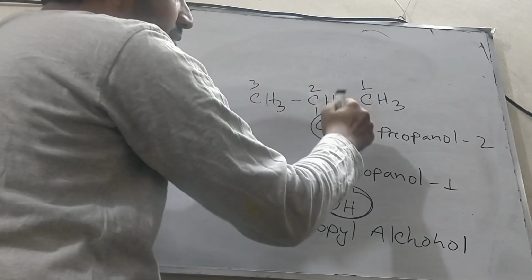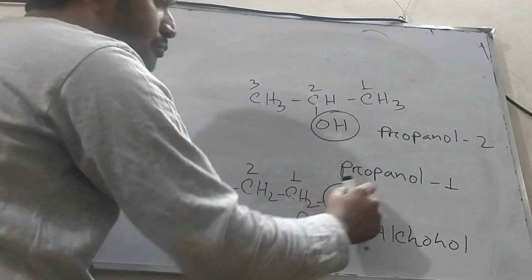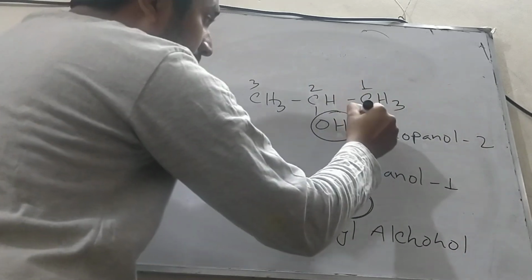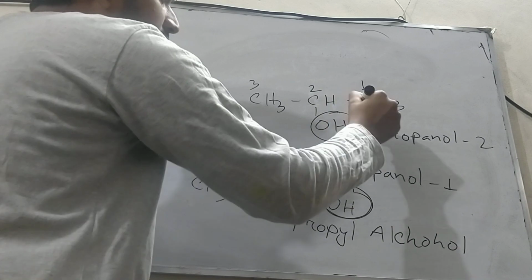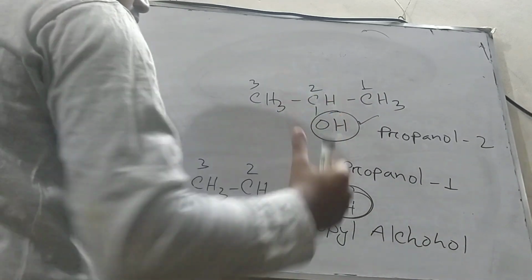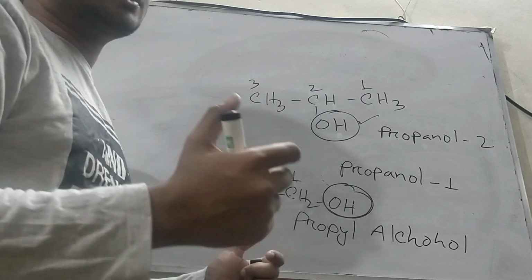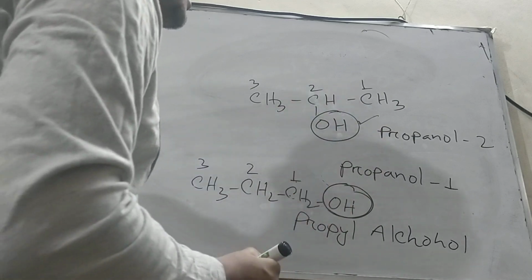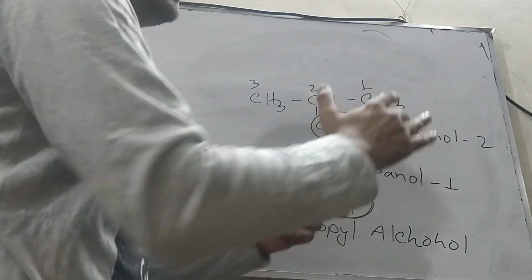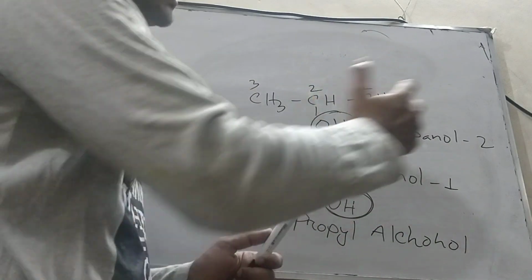That's why it will be said propanol 2 and propanol 1 depending on the location of alcohol. Here 1 and here 2. Okay. Next, so we can understand that it's called locational isomerism, depending on the location of alcohol or any group.